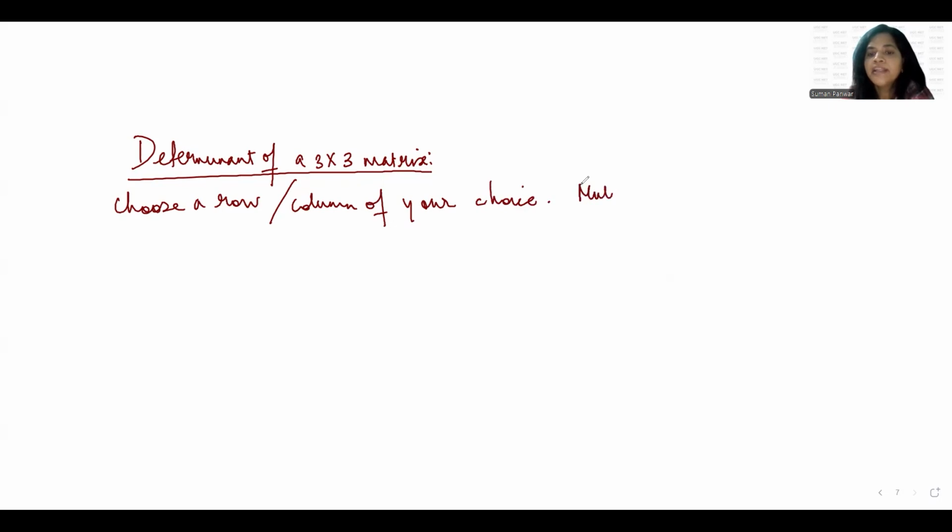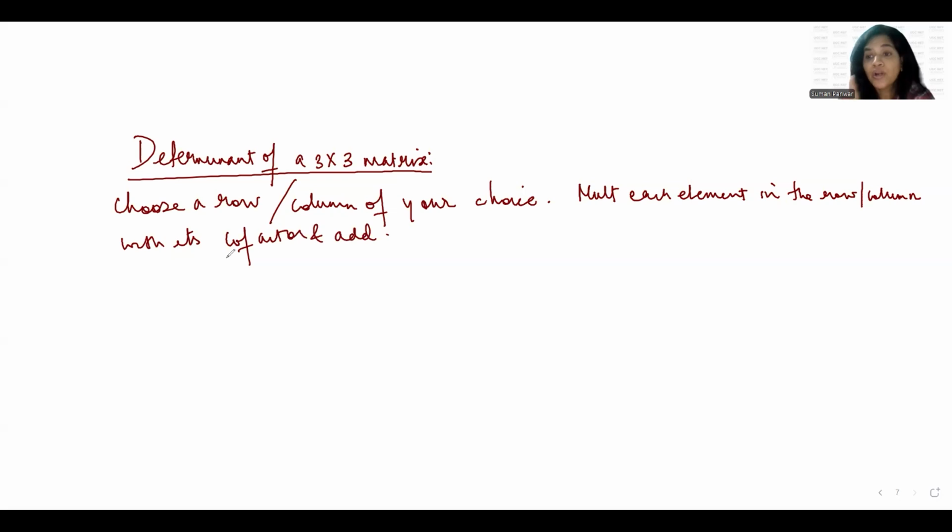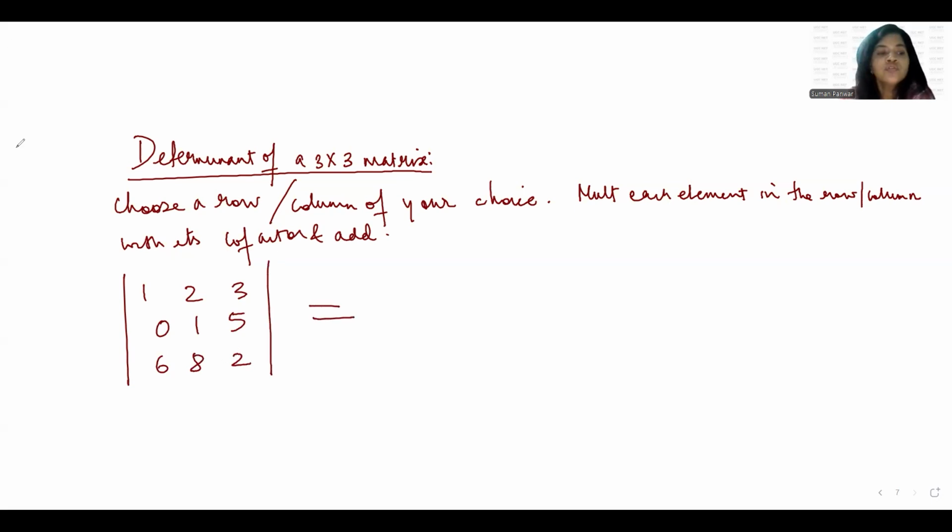Then multiply each element in the row or column with its cofactor and add. Now, what does it mean? Suppose you have this determinant 1, 2, 3, 0, 1, 5, 6, 8, 2. Okay, you want to calculate this. Now, choose a row of your choice or a column of your choice. So, suppose I choose the first row. So, I have chosen the first row.